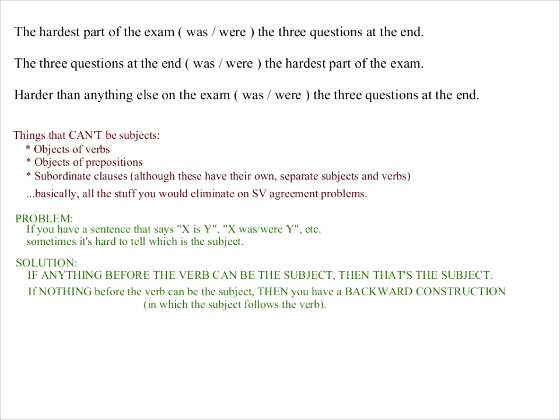Let me give you an easier example of a backward construction before we go to those examples up there. If I tell you something like, on the table is or are two cell phones.